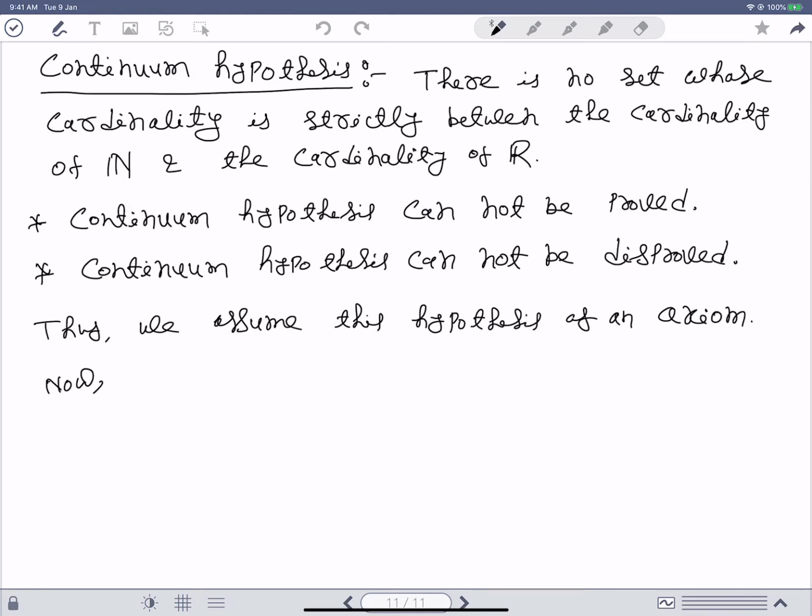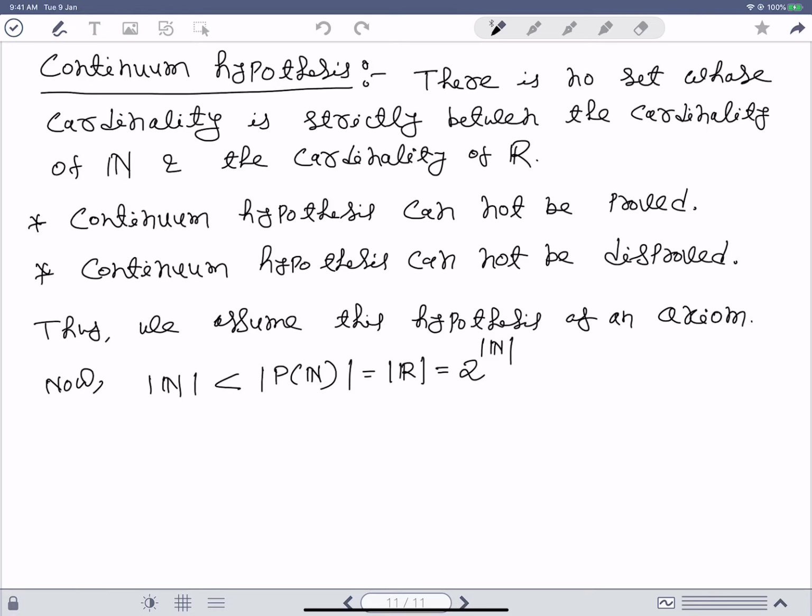Now the cardinality of N is strictly less than the cardinality of the power set of N, right, which is the same as the cardinality of R, and this is, we know, 2 to the power cardinality of N, right?